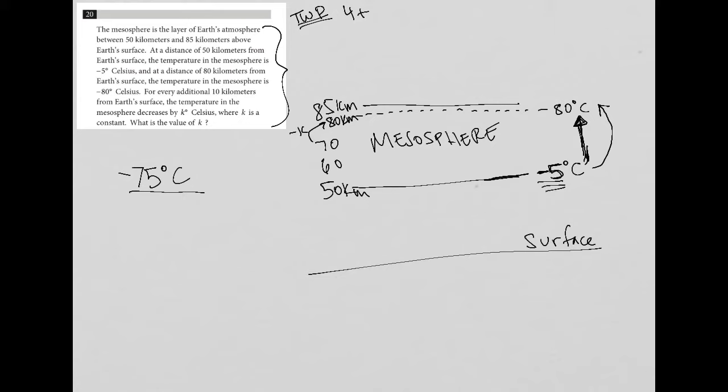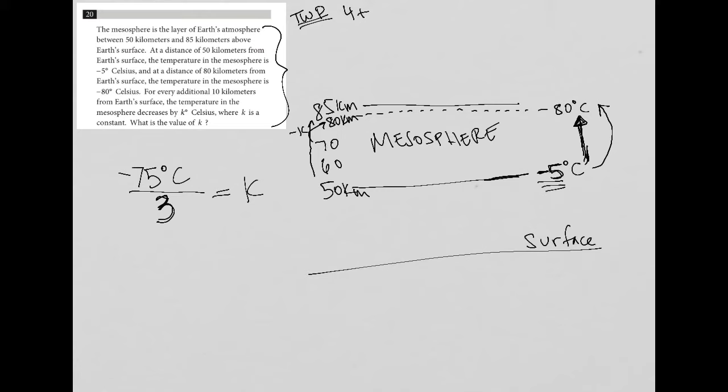However, I know that this K degrees happens in increments of 10 kilometers. So although I've gone up by 30 kilometers, I'm going to put the number 3 here because that 3 represents 3 increments of 10 kilometers.